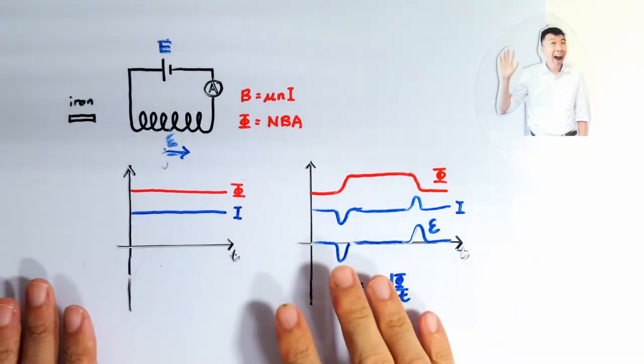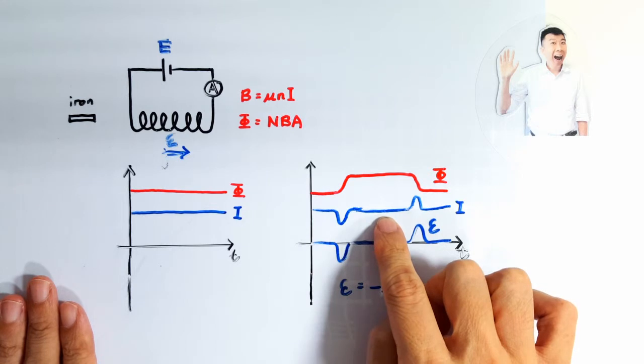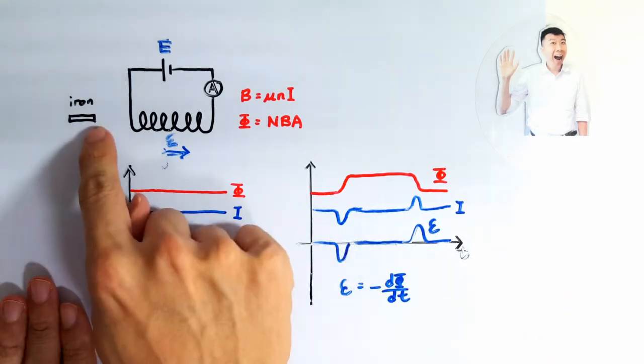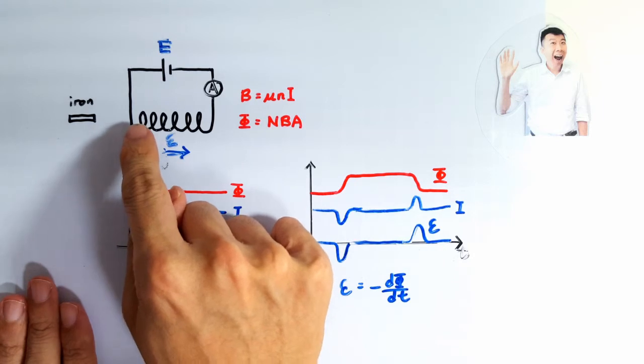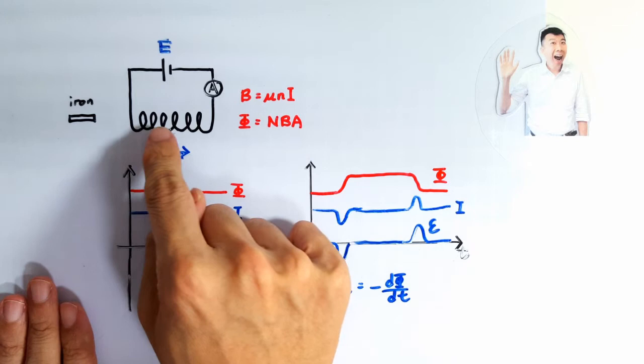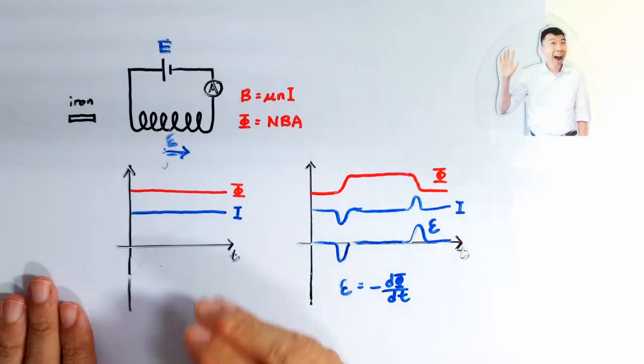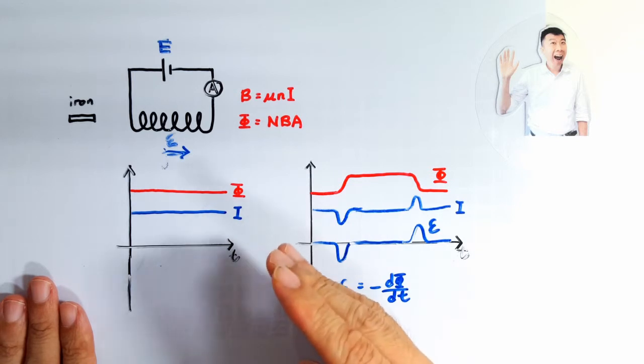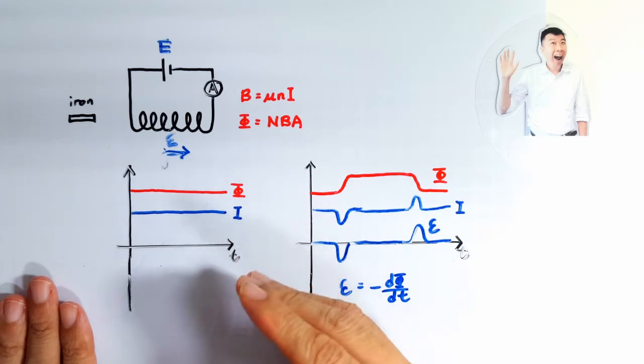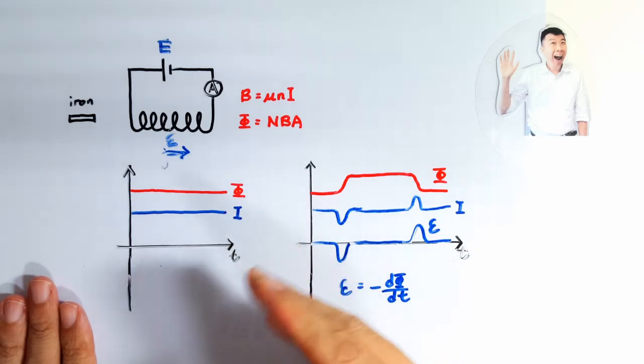Actually, it's possible for you to arrive at this answer directly by just applying Lenz's law. So as the iron rod is moved in, the change is actually an increase in the magnetic flux linkage. So Lenz's law says that the induced EMF will produce an induced current whose magnetic flux is to oppose the change.